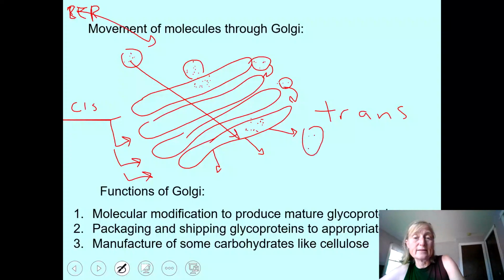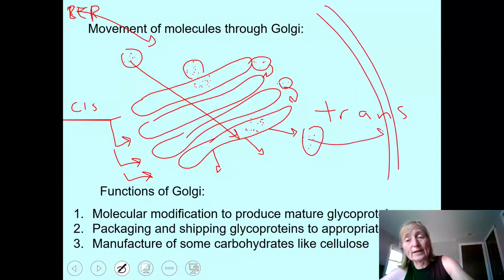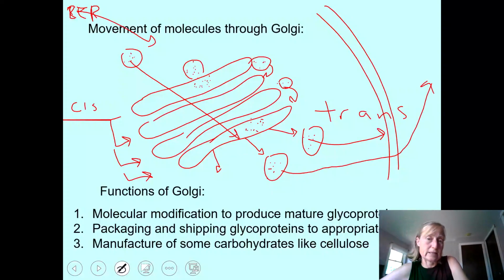They might be headed in little vesicles toward the membrane to become membrane proteins. They might be headed in a little vesicle to be secreted. Maybe they're a hormone, like insulin, that needs to be shipped out of the membrane. Or they might end up in what's called a lysosome.